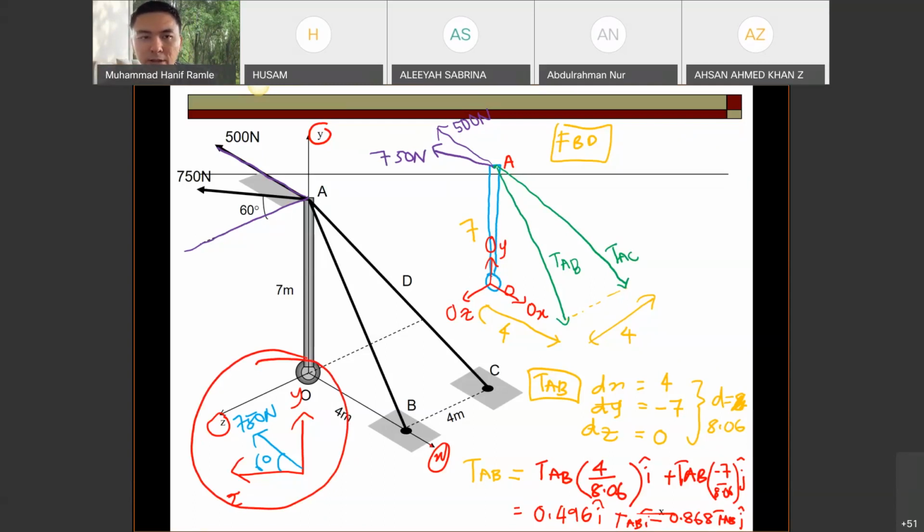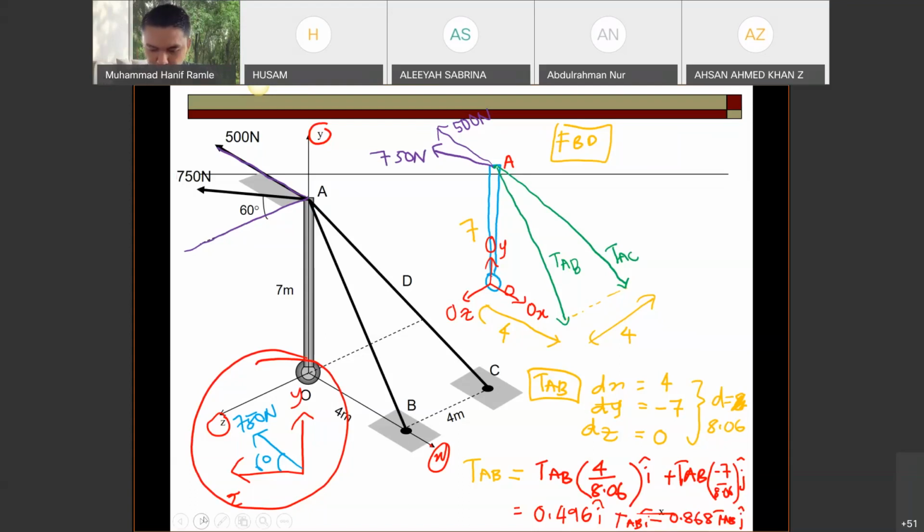It is still 3D, but we can simplify because it belongs to one single plane. 750 belongs to one single plane that involves two components. 500 Newton is a single plane as well, but the force belongs to the X component only. 750 belongs to Z and also Y component. Okay, Lee Jia Ying?